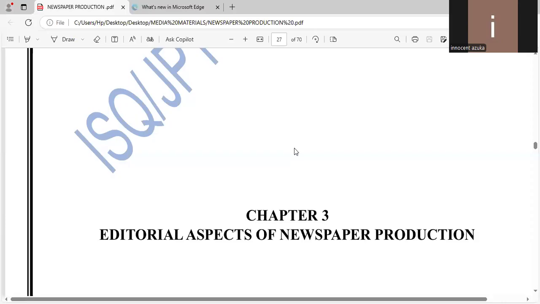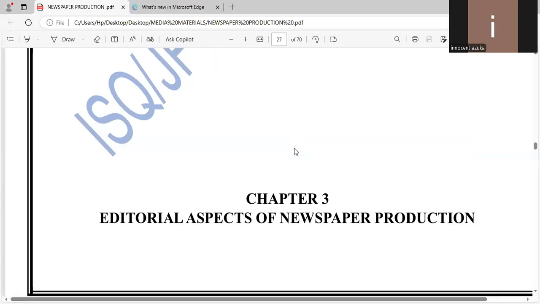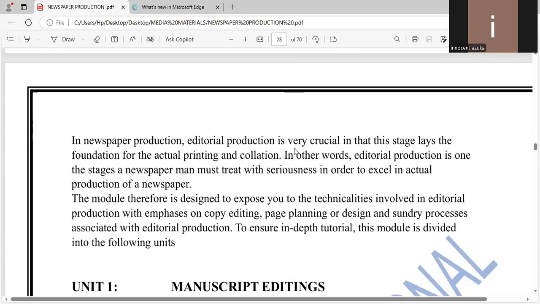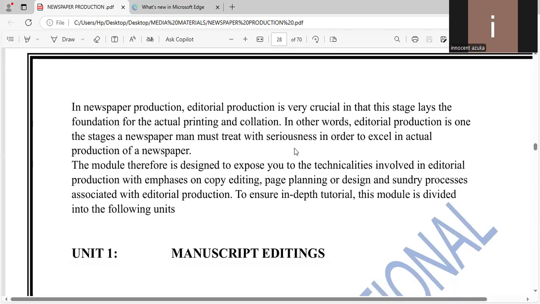So let's look at editorial aspects of newspaper. In newspaper production, editorial production is very crucial in that this stage lays the foundation for the actual printing and collection. In other words, editorial production is one of the stages a newspaper man must treat with seriousness in order to excel in actual production of newspaper.